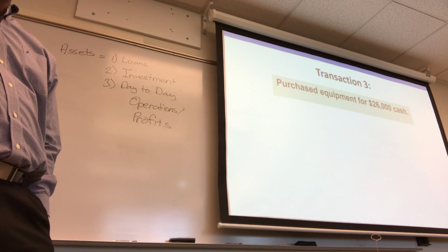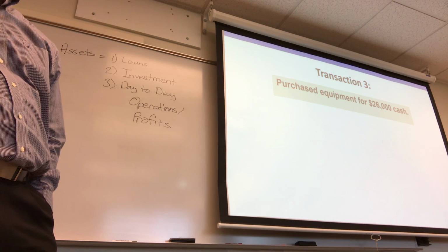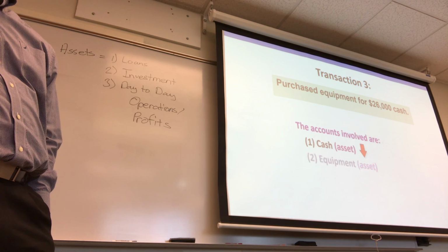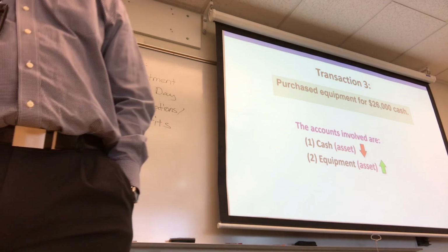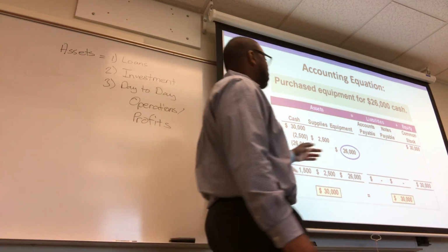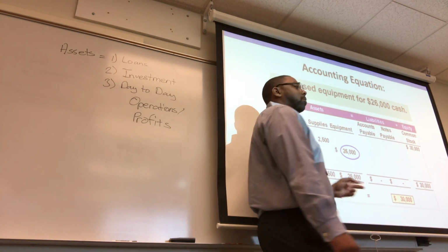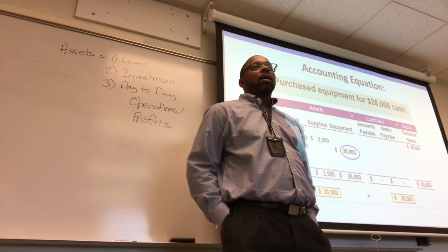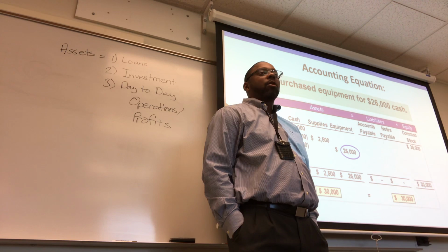Did we increase or decrease the amount of equipment in the company? Increase. Right? So cash decrease, equipment increase. And so that is another transaction on one side of the equation. So they negate each other. And so we still have the equation in balance at $30,000. Questions?